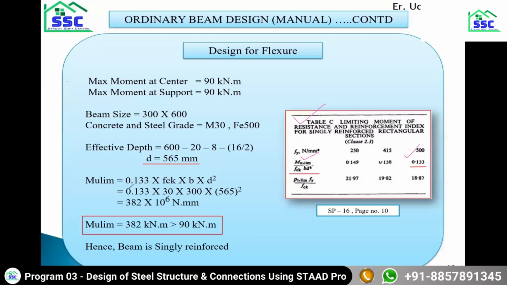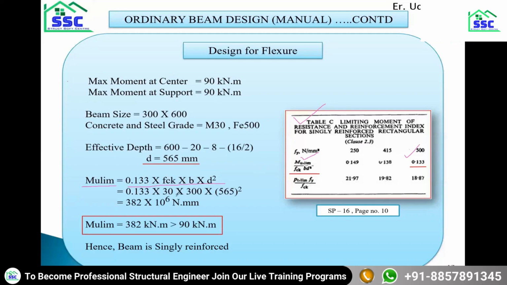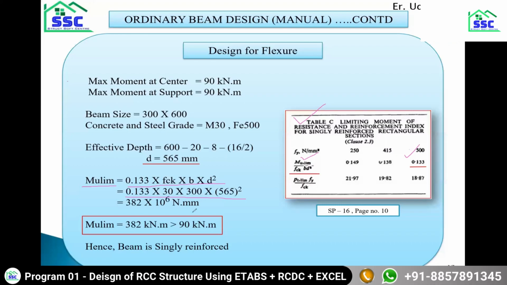Using that, we will find out our Mu limiting for the given beam, which is 0.133 fck bd square, and the calculation is 0.133 into 30, our concrete grade, width of the beam 300, and our effective depth 565 square.